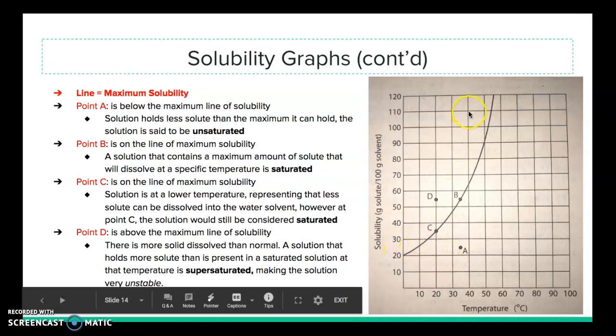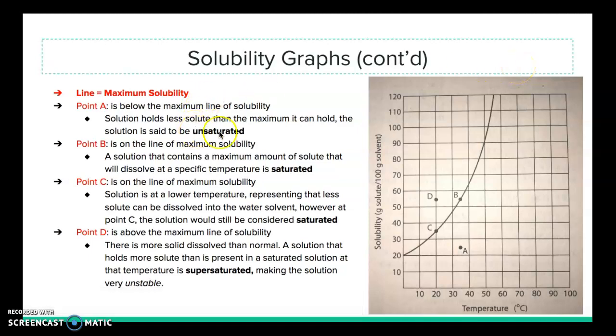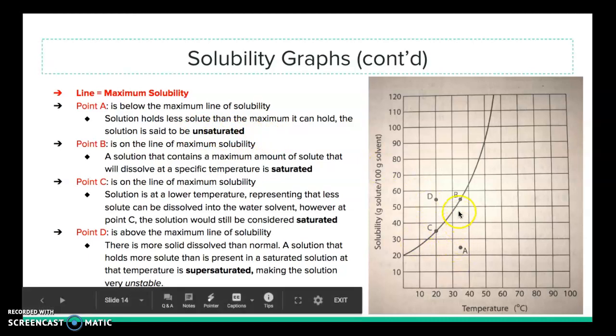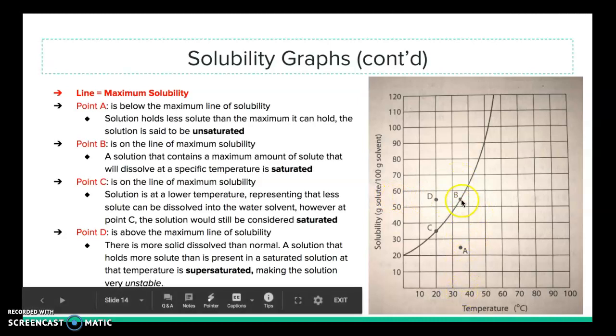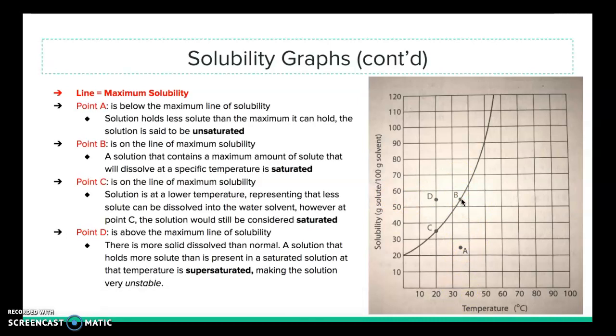This is below our line, below that maximum line of solubility, making it unsaturated, meaning we can add more solute at this temperature to make our solution saturated. We can add going from 25 grams of solute all the way up to, let's say, 55 grams at this temperature to get to our saturated solution, which leads me to point B.